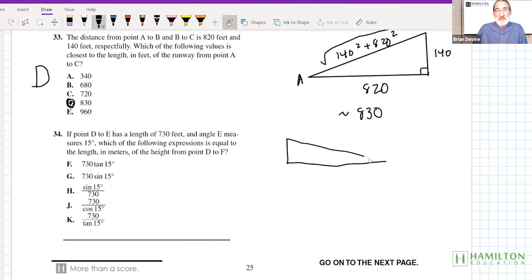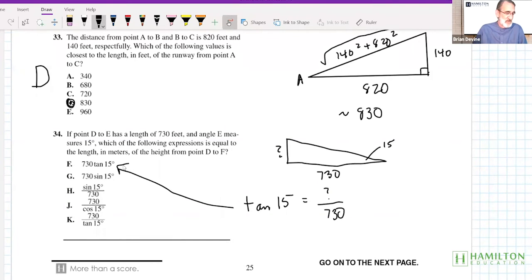It's not as pretty. But this is 730, and this is 15, and I want to find the height there from D to F. Then I should have the idea that tan 15 is equal to question mark over 730, opposite over adjacent, TOA. Multiplying both sides by 730 takes me right to F.